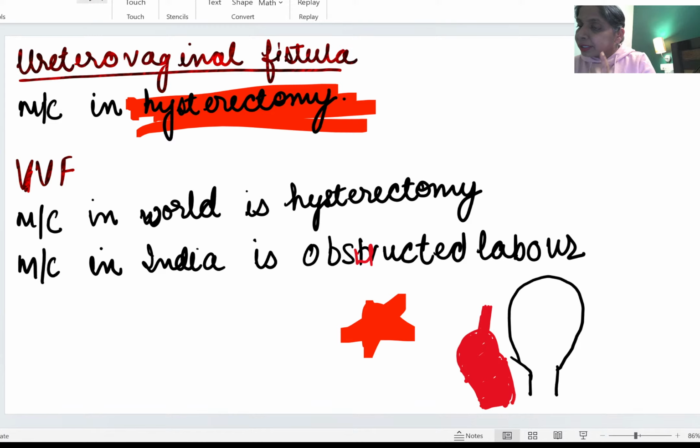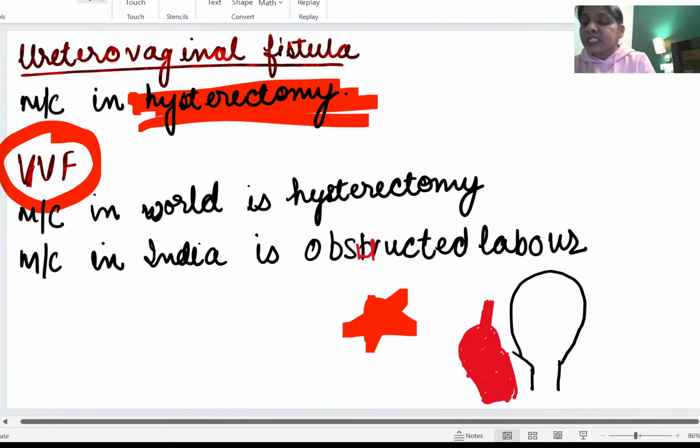Okay, another thing is vesicovaginal fistula. The most common cause of vesicovaginal fistula in the world is hysterectomy.